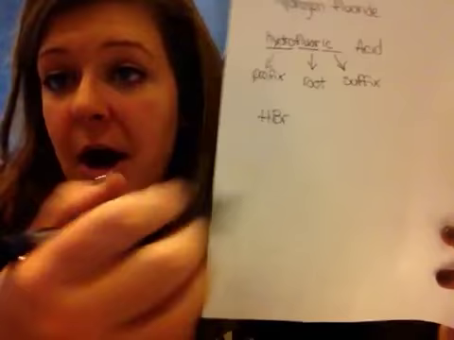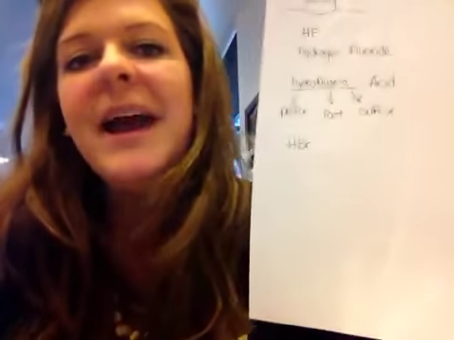Let's look at another one. HBr. So I have H and then Br. There are two elements present there: hydrogen and bromine. We could have named HBr hydrogen bromide, same thing. But I want the acid name for this. I'm always going to have hydro because that takes care of the hydrogen part. Now I want to find the root for Br.